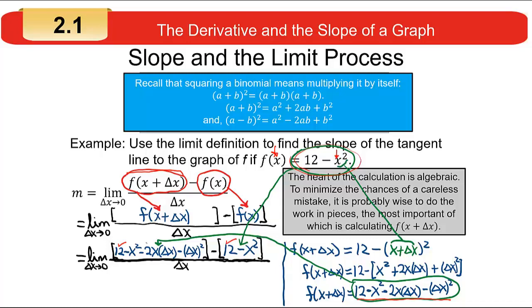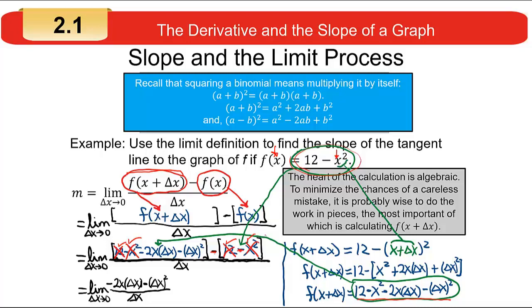And you'll have an x squared, a minus x squared here, and you're going to have minus a minus. Remember, those two signs are going to make a positive, and you're going to get a plus x squared and a minus x squared. So in the end, when you do that simplification, the 12s go away and the x squared terms go away, and all you're left with up top is the minus 2x delta x minus delta x quantity squared, all over delta x.